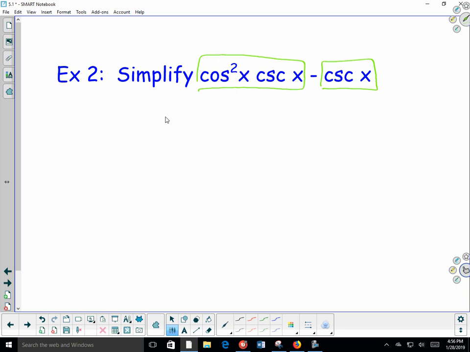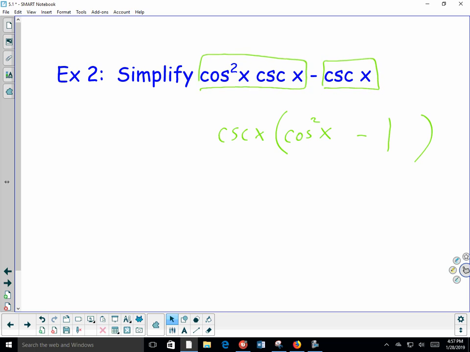And this kind of harkens back to the appendix where we factored things, because I see we've got a common factor here of cosecant of x. So if I factor that out from both, then I'll be left with cosine squared of x minus 1, right? Because cosecant x times cosine squared x would get me to this first box, and then cosecant x times a negative 1 would get me to that second box.